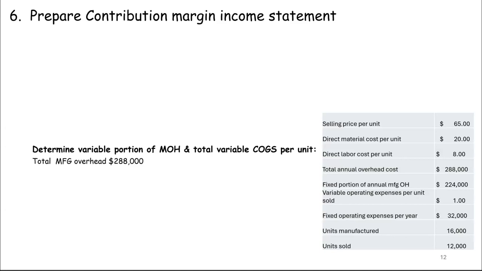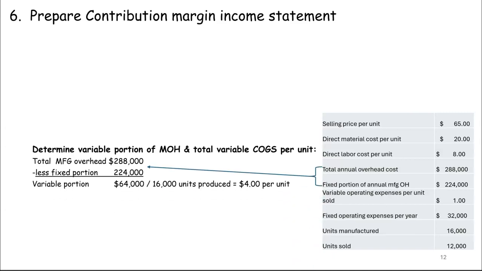We take our total manufacturing overhead, which shows at 288. That's showing in the chart on the right side. We subtract out the fixed portion, and that gives you the variable portion of the overhead. And again, you divide by units produced, not units sold. Please do not make that mistake or you get everything wrong.